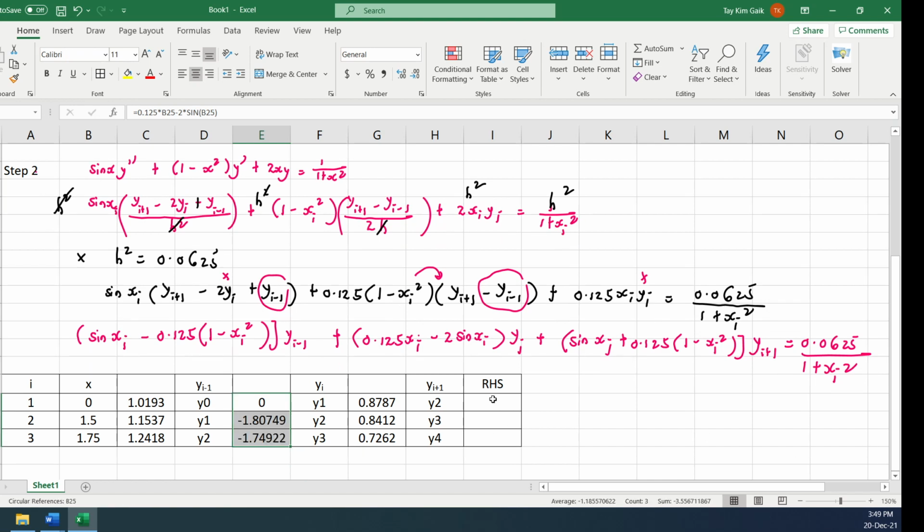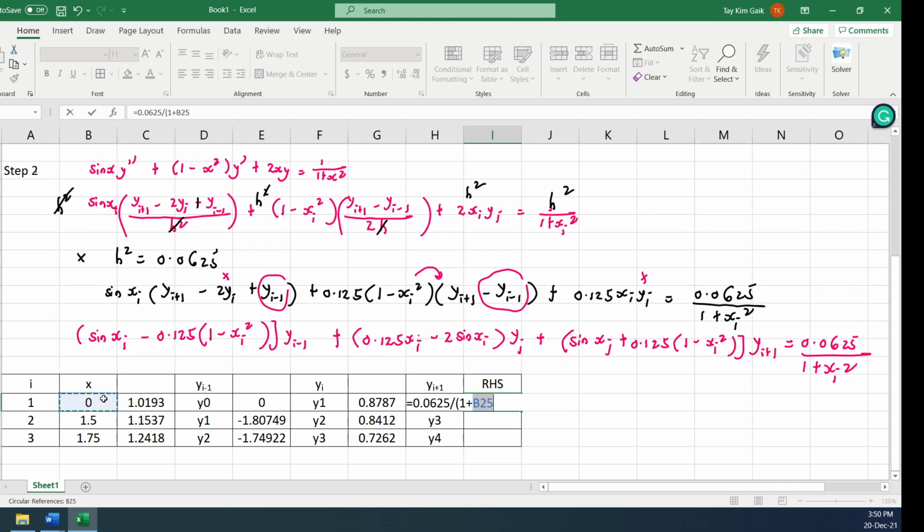And the right hand side is 0.0625 divided by, make sure you have the bracket for the denominator, 1 plus x squared, clicking the location of x, close. Where do you get 0?